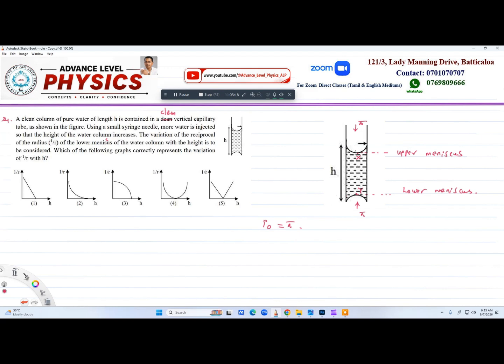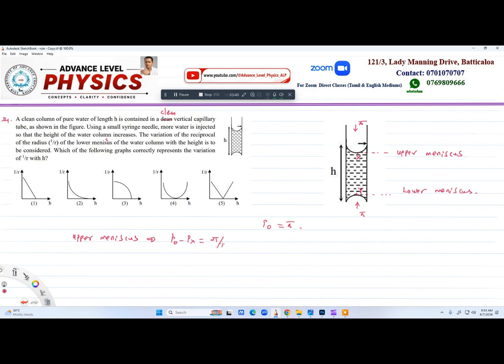So for the pressure difference, we can write the formula for the upper meniscus. P naught minus Px equals 2T over the radius of the tube.